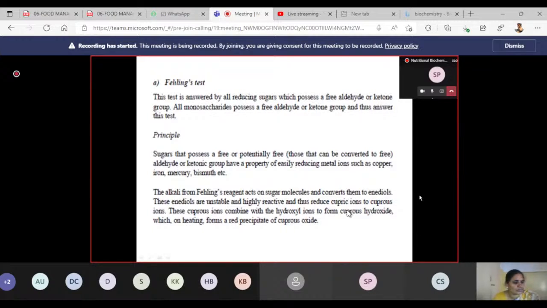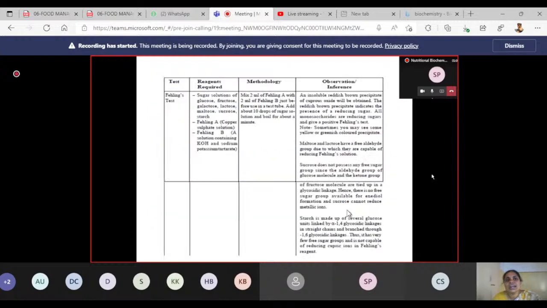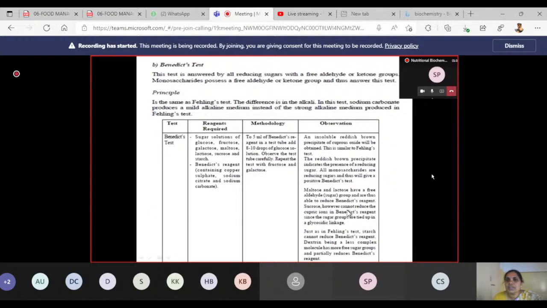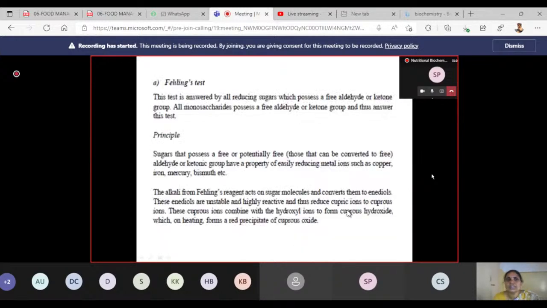The copper ions are present in both Fehling's reagent and Benedict's reagent. If the reducing sugars are present, they can reduce the copper ions and they will bring the color change.